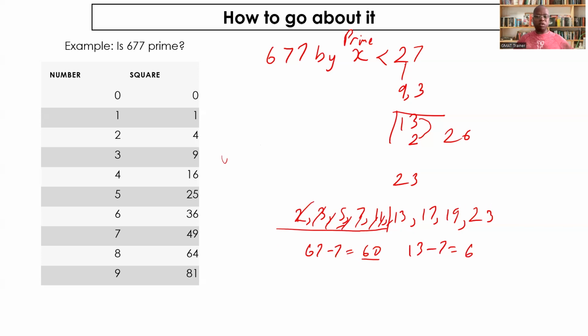If one is a factor, then the other one is too. So for the remaining numbers, we need to see if we can multiply them, and the last digit is going to be the unit's value. I hope I'm making sense. If we multiply these numbers across themselves, we need the unit digit to be 7. That's the only thing you need to check. You don't need to multiply all of them.